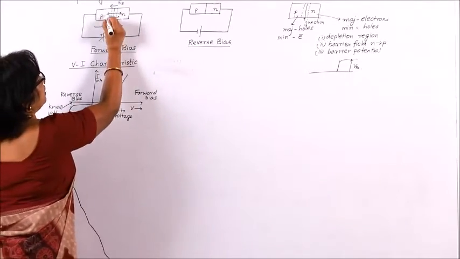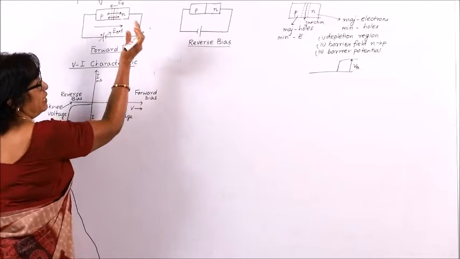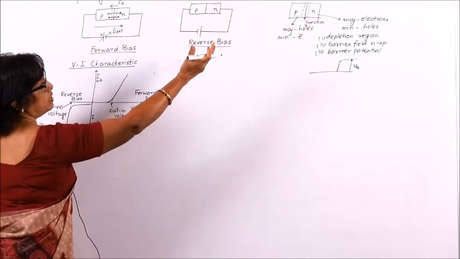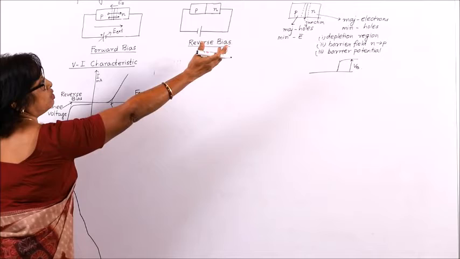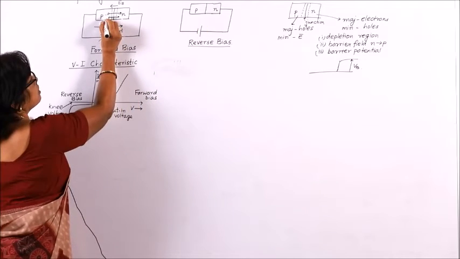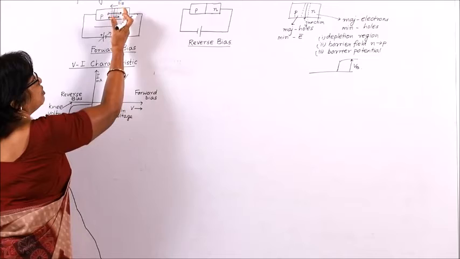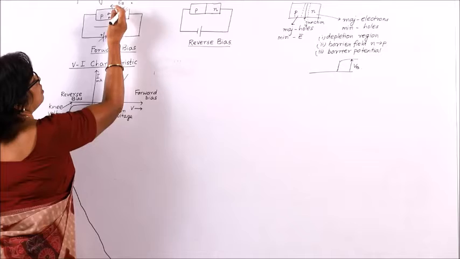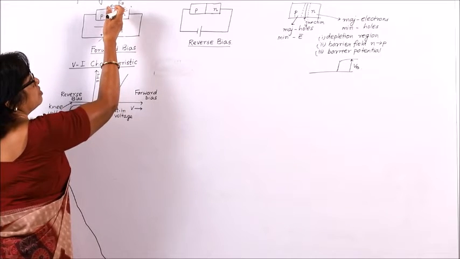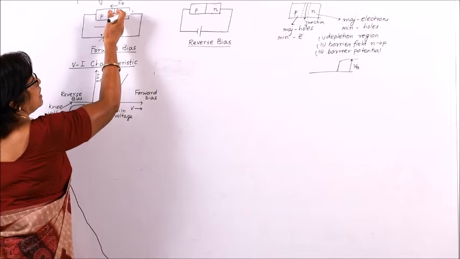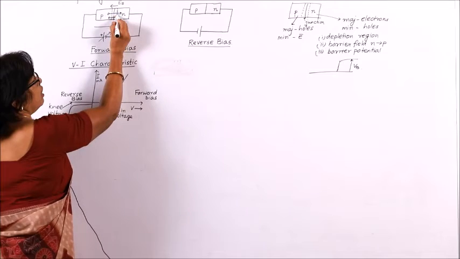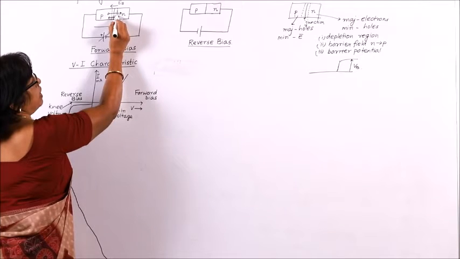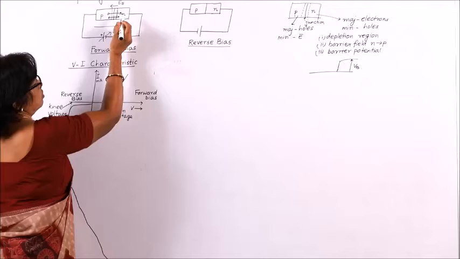When the holes cross over to the N side, they are minority carriers. I have already told you: majority electrons in N, minority holes in N. So, the hole which has come from P to N is now a minority charge carrier in N. At this point, the number of minority charge carriers increases. The minority carrier concentration is more here, less there, so there is a concentration gradient of minority holes.